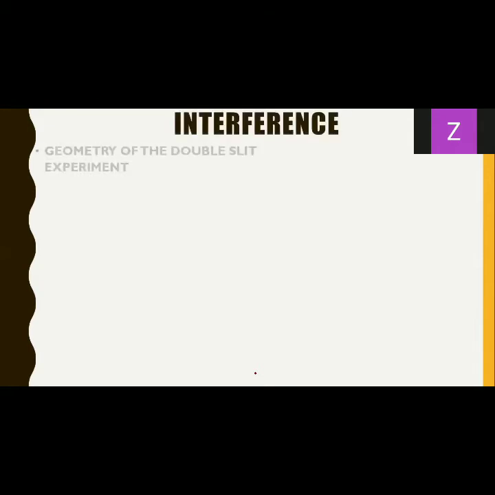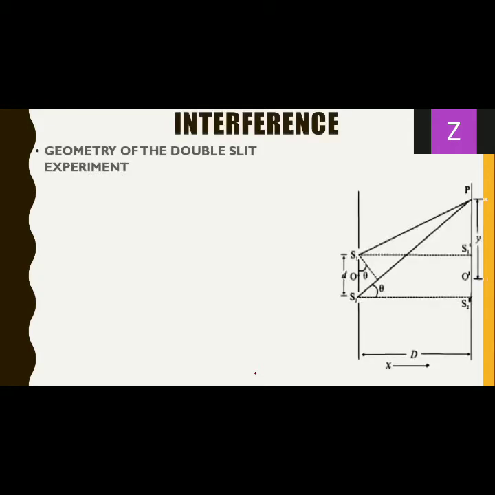Now for small d by capital D, which is very less than 1. मतलब क्या है? Small d upon D, the value is very less than 1. Means ये जो distance है small d, the distance between the slits is very less as compared to the distance between the slit and the screen.